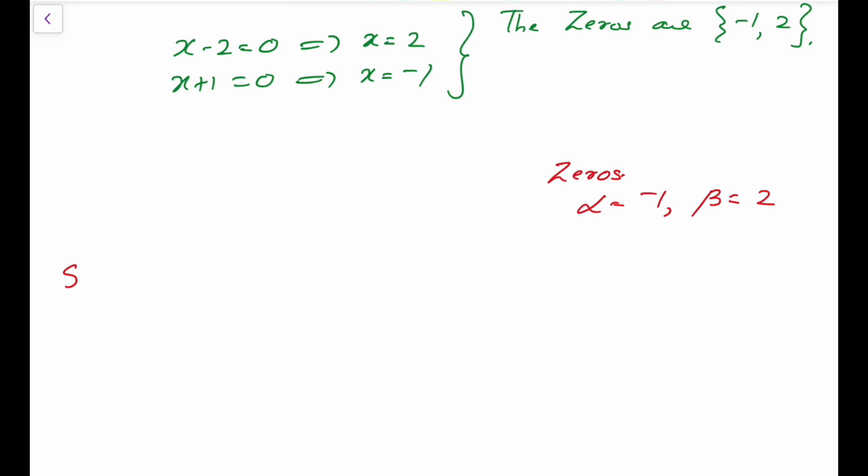Now we will find the sum. Now we know the sum of the zeros will be equal to, from the polynomial we can write sum is equal to minus b by a.